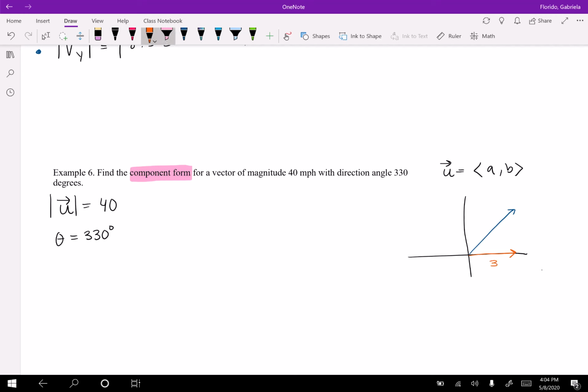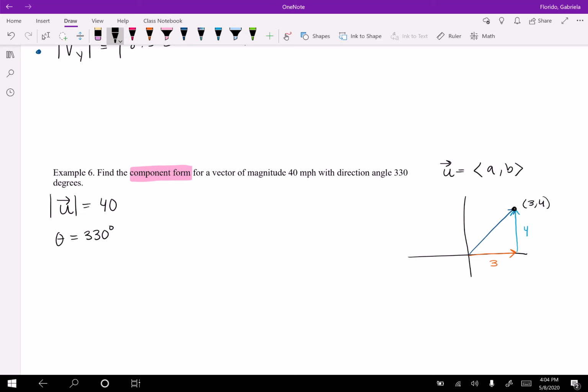And if the magnitude of my vertical component is 4, then that tells us that the terminal point of this vector is 3, 4. If it's in the first quadrant, then both the x and the y coordinate of my vector are going to be positive. It just depends on where I am in the Cartesian plane.